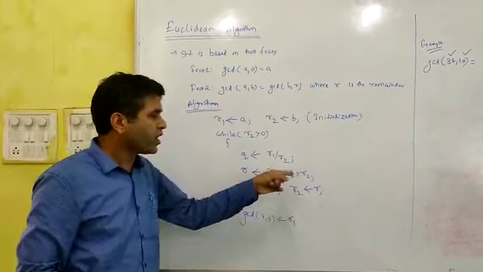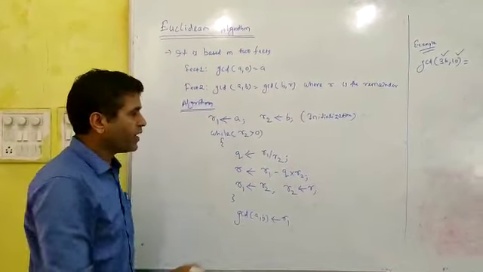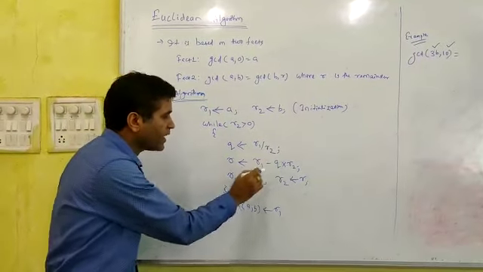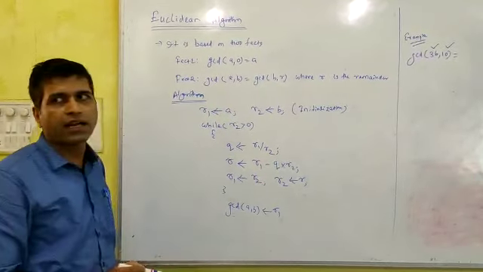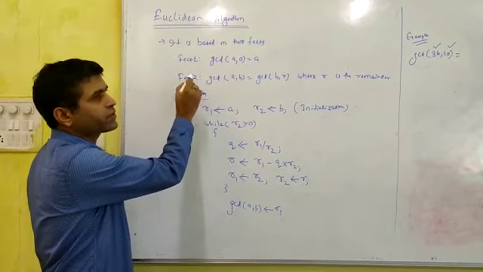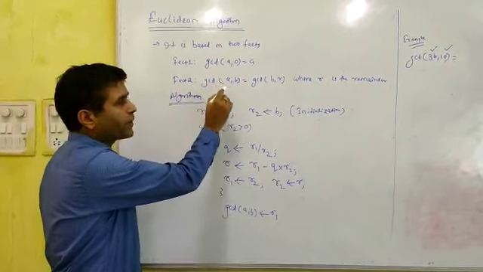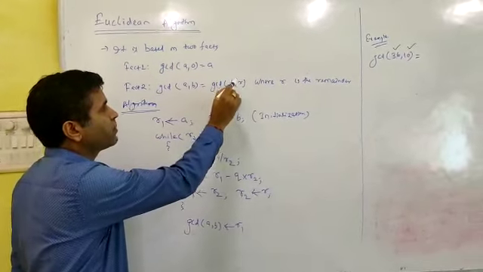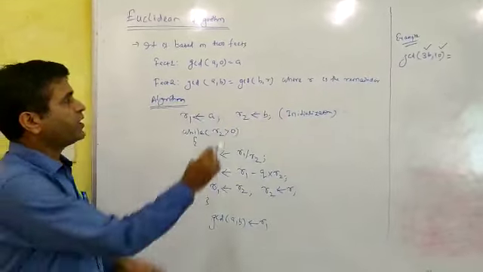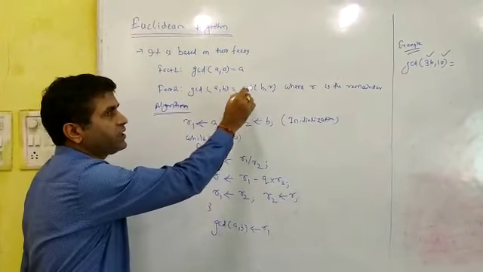R1, Q and R2 are all known, so we get the value of R. R means remainder. Why go for R? Because in fact 2, GCD of A comma B equals GCD of B comma R.